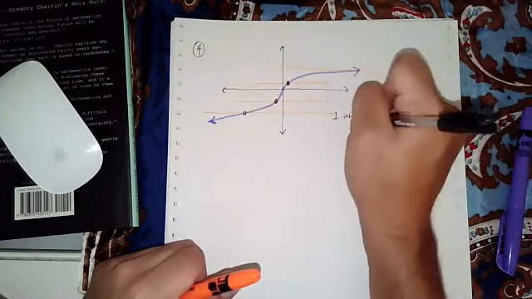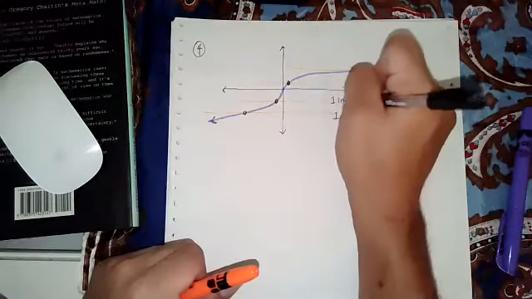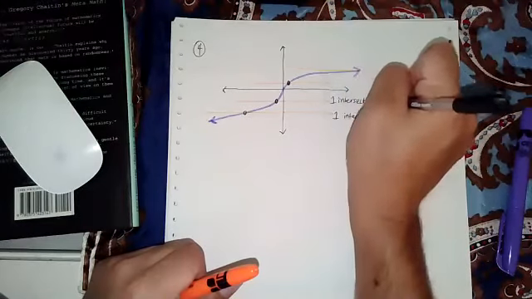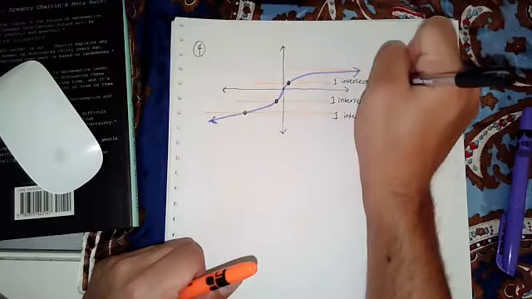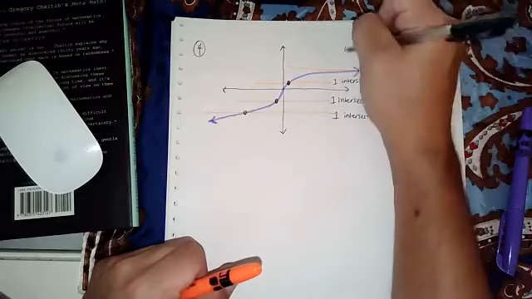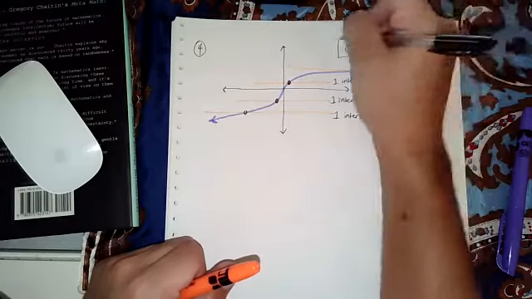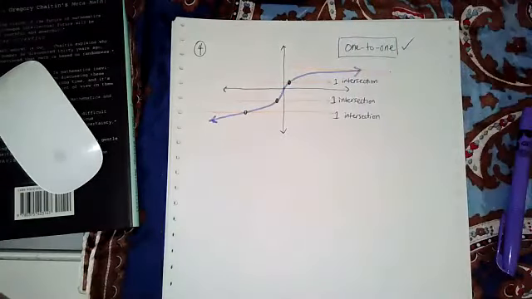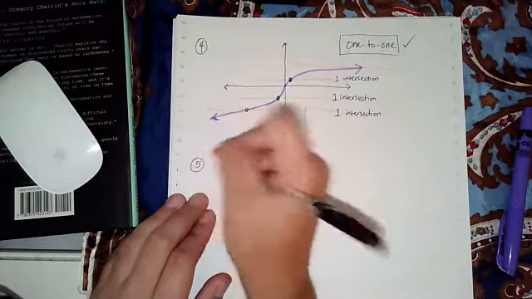One intersection. So this is 1-to-1. And finally.